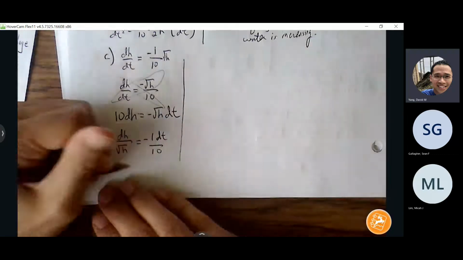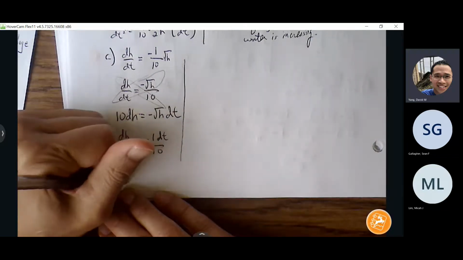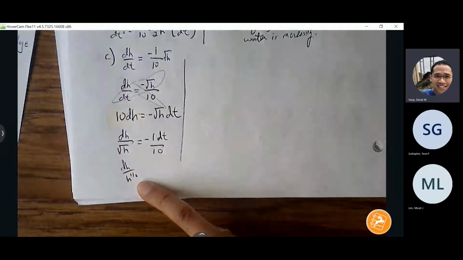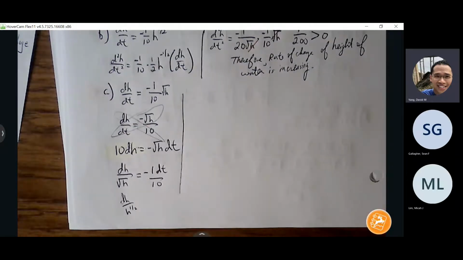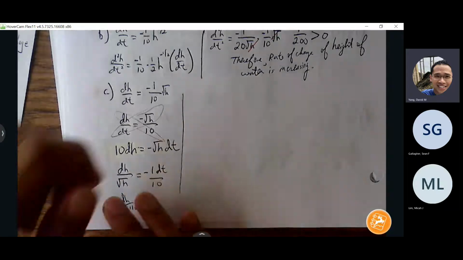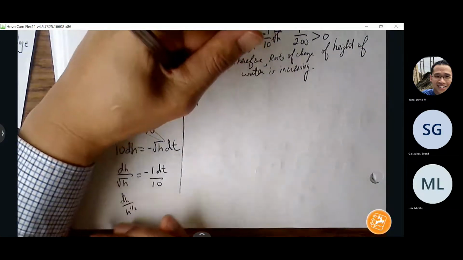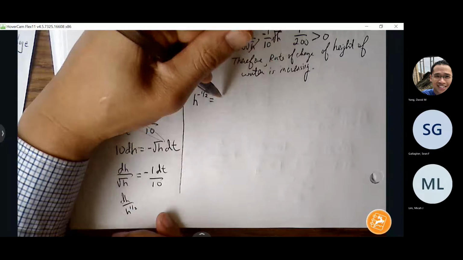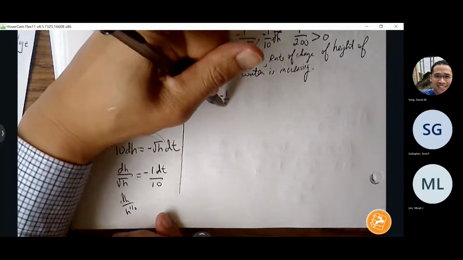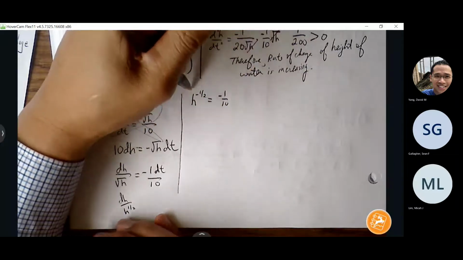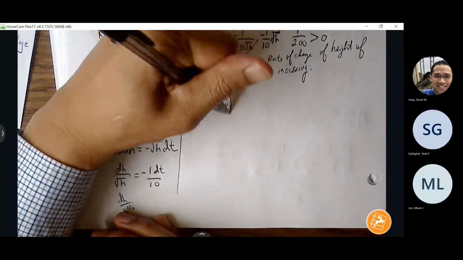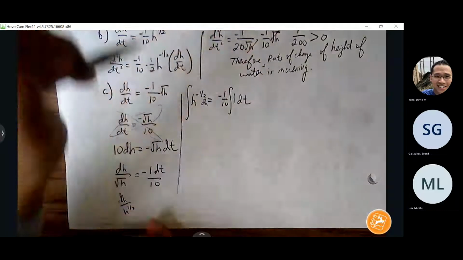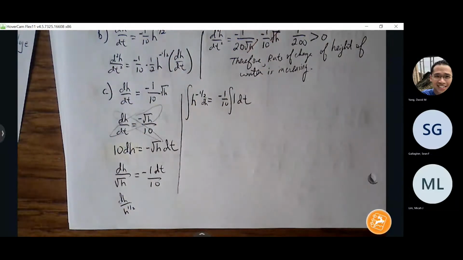That root h is really dh over h to the 1/2. It's still not ready for power rule, right? We still have to bring that up to the numerator and make it h to the negative 1/2, and then we can do power rule. Once I bring the h up to the top, I can do power rule.